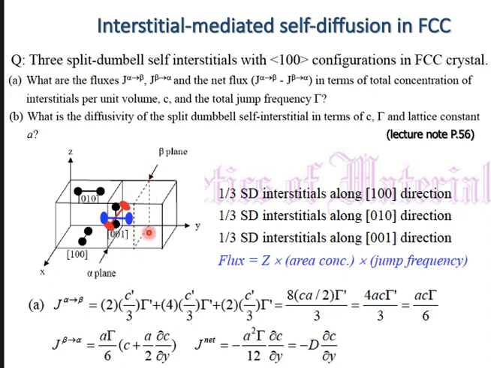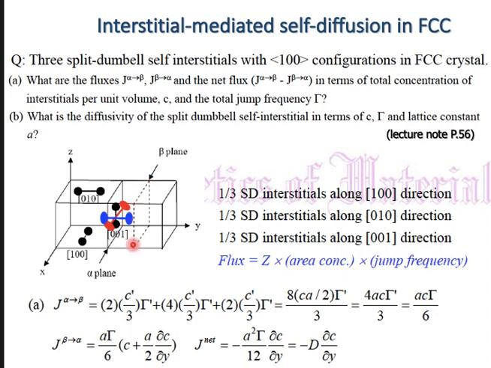And the beta plane here I choose is the middle or the center of this unit cell of FCC. Because this split dumbbell can jump to the nearest substitutional site, right? Since this is FCC, we have 4 substitutional sites on this beta plane. It's a face center, and so also a face center, right?